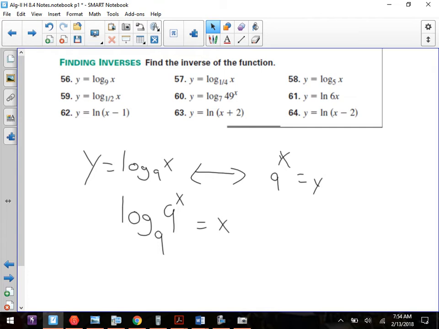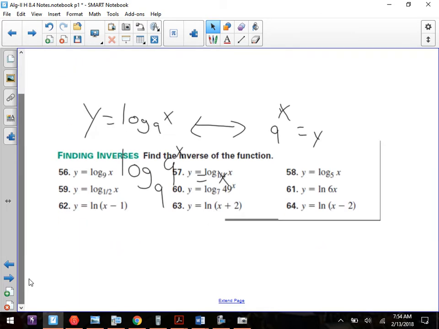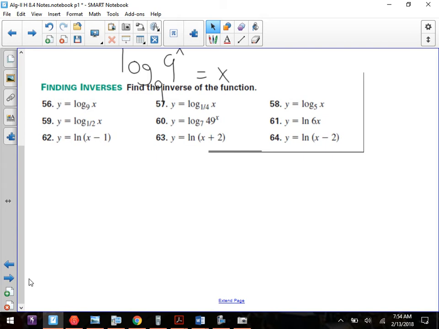Honestly, the only reason we have to know a little bit about that is when we get to solving the equations, which we'll do tomorrow. And it's so super easy. Which one? Same basic thing. Here you've got y equals log base 7, so this can be 7 to the 2x.